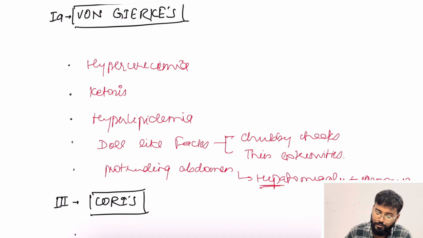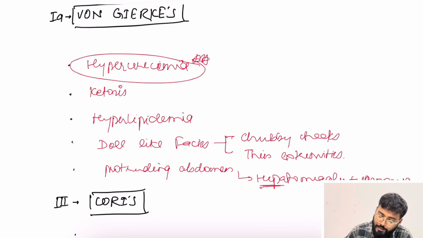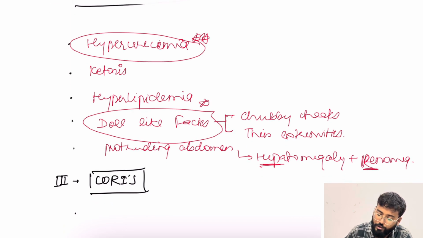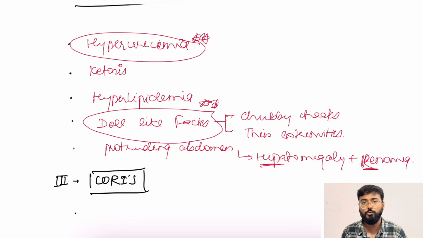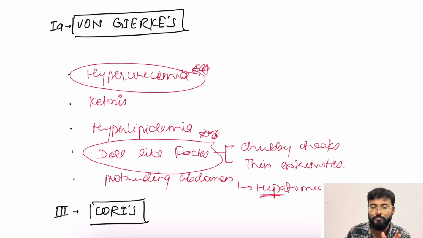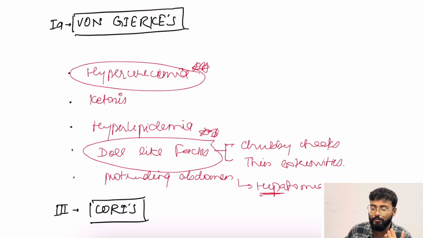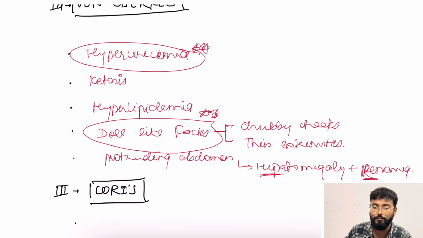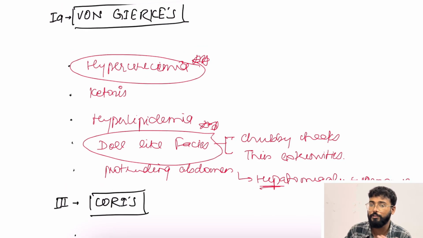So the defining feature will be your hyperuricemia and your doll-like facies. These two you must remember, because these will differentiate it from all the other types. So hyperuricemia and doll-like facies is the defining feature of your von Gierke's, and whenever you see these two features in the question, you are going to mark straight away your von Gierke's.